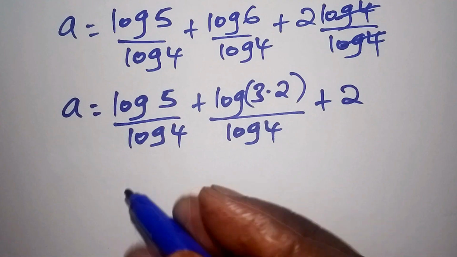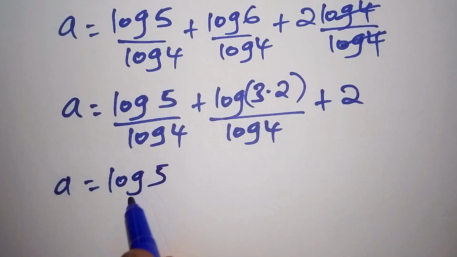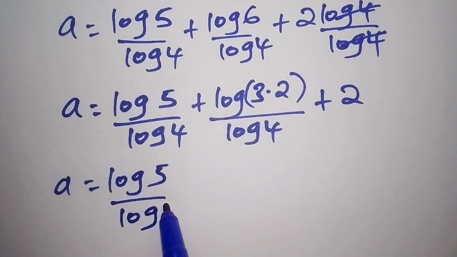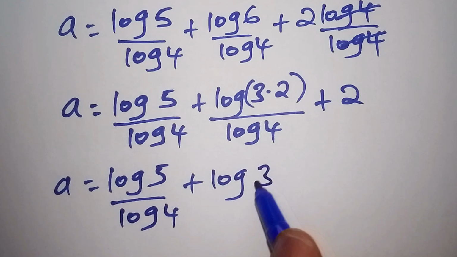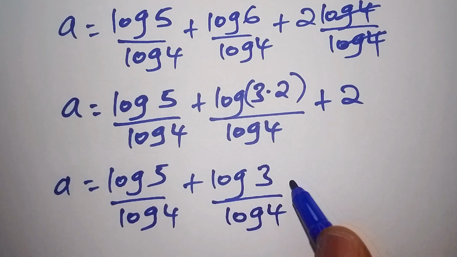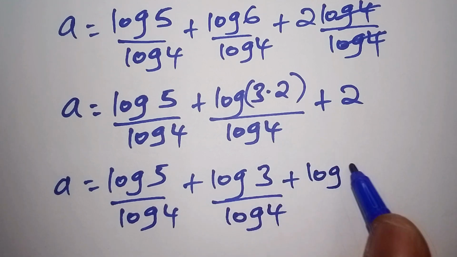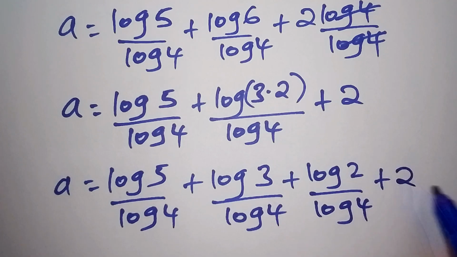So next the value for a is now log 5 still all over the log of 4, plus log 3 all over the log of 4, plus log 2 all over the log of 4, plus 2.